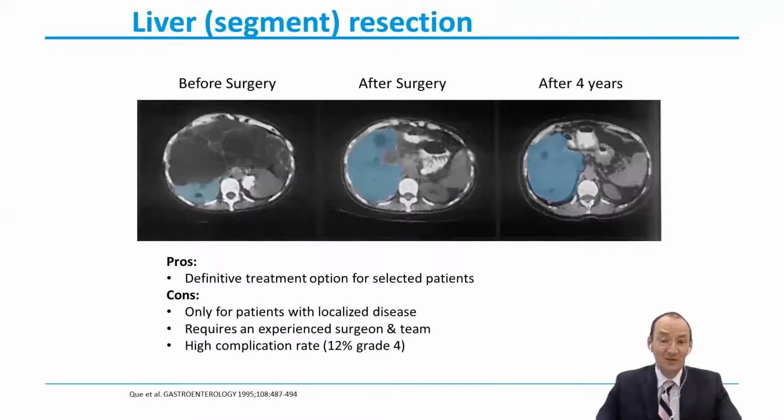It is indeed a definitive treatment option for selected patients, but only suited for patients with localized disease, and requires an experienced surgeon and a team who can stomach the high rate of complications, which is at least 12% in the Clavien-Dindo grading system.